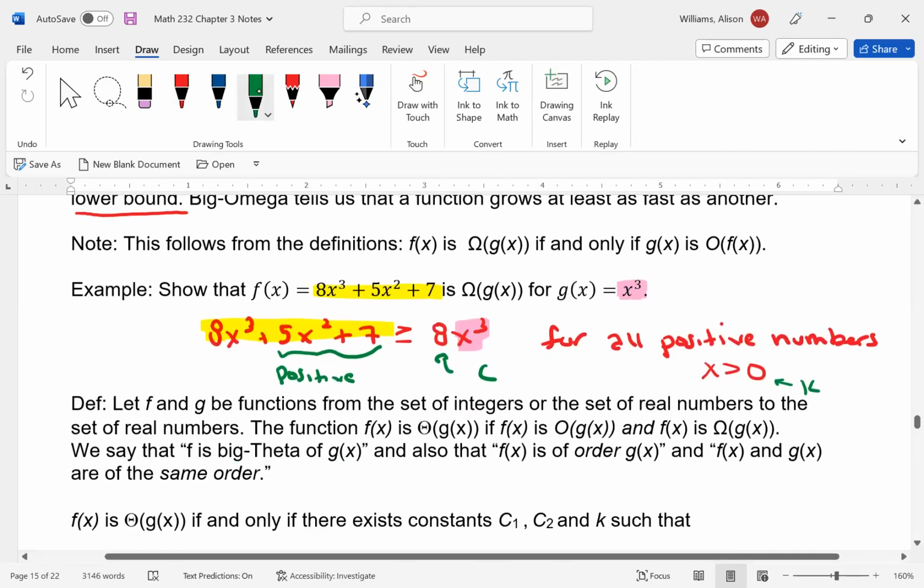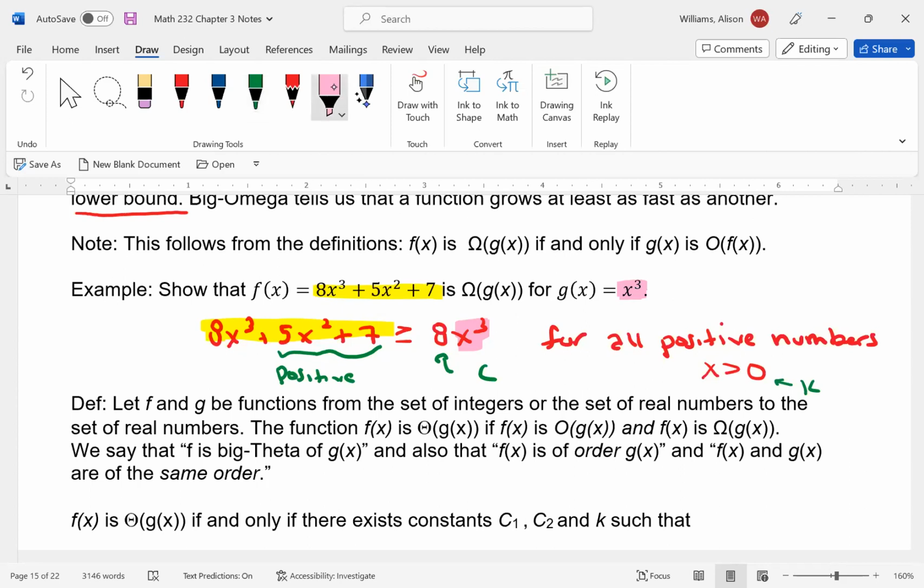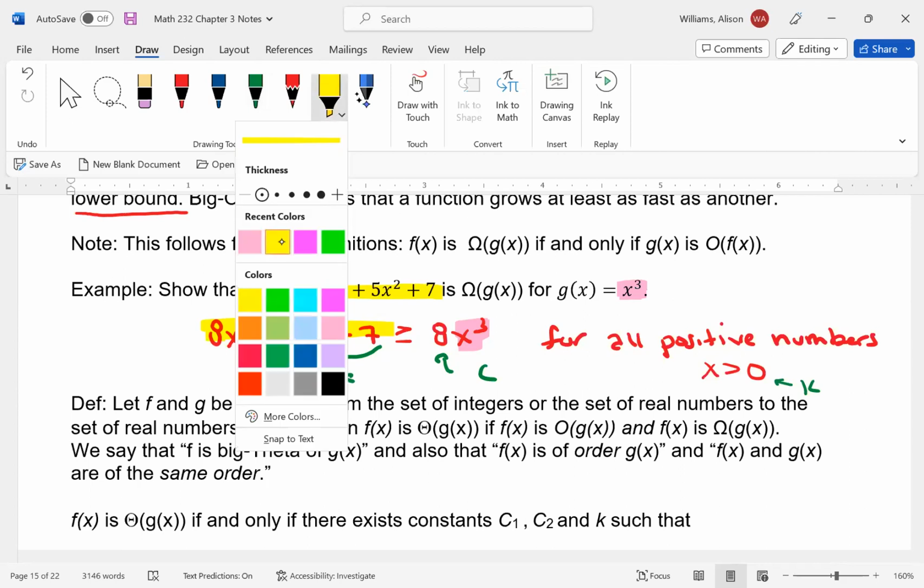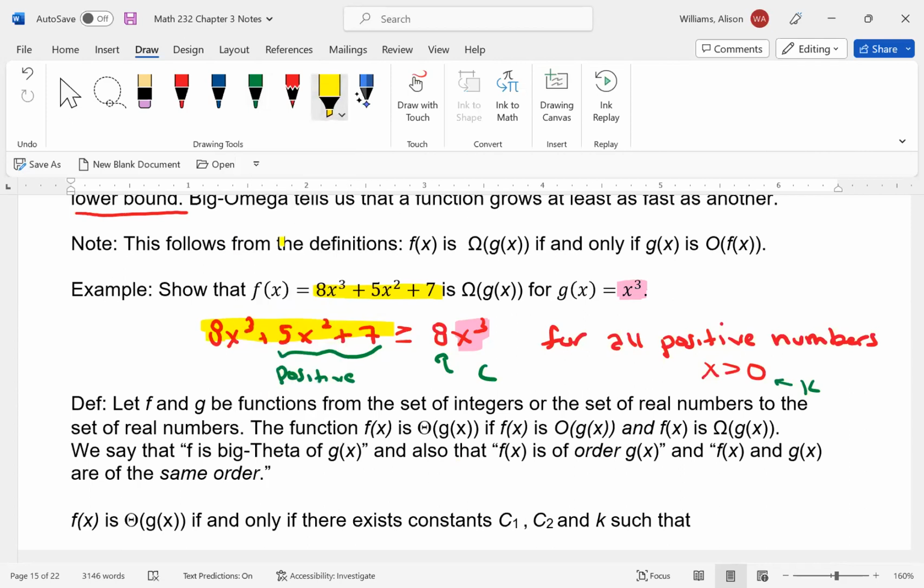Let f and g be functions from the set of integers or real numbers to the set of real numbers. Let the function f of x be big theta. So that is a capital theta, the Greek letter theta. That's true if and only if f of x is big O of g of x and f of x is big omega of g of x.